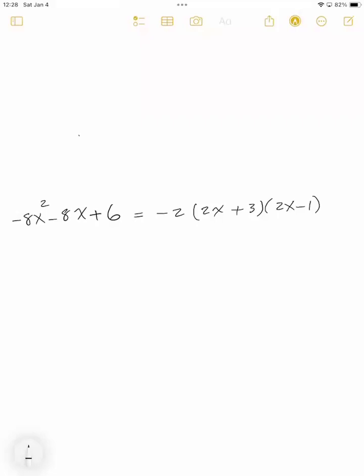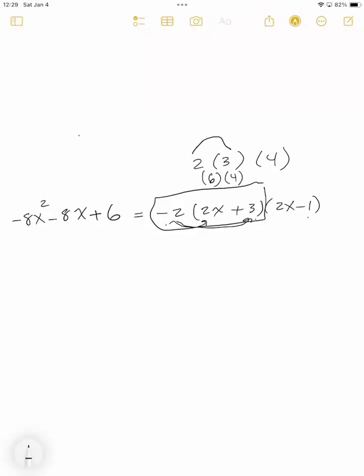There are multiple ways to multiply. You can multiply negative 2 by these two only. Don't multiply negative 2 by the first parentheses and by the second parentheses. You only multiply it by one of the parentheses. Just like if you have 2 times 3 times 4, you multiply 2 and 3, you get 6, and then you multiply 6 and 4.